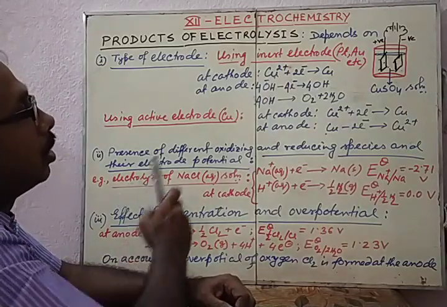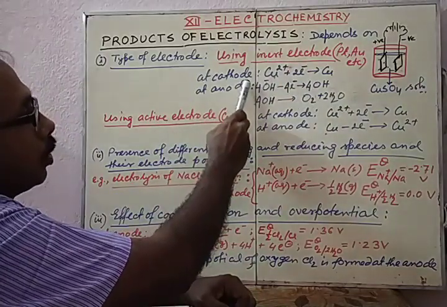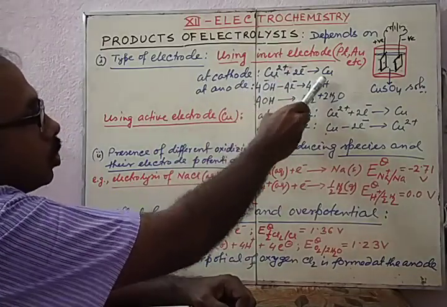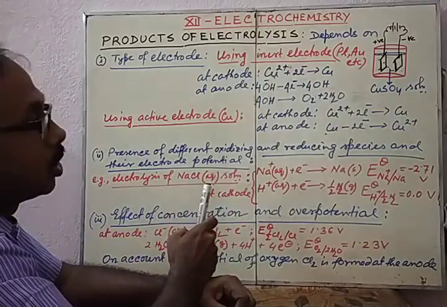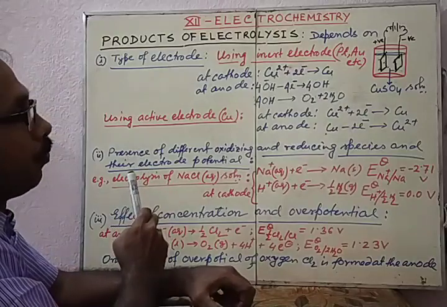Now when an inactive electrode is used, the reaction taking place at the cathode is reduction of copper 2 plus to copper. That is, from the solution, copper 2 plus ion will go to discharge on the cathode.